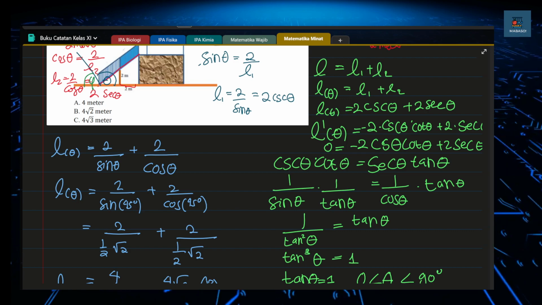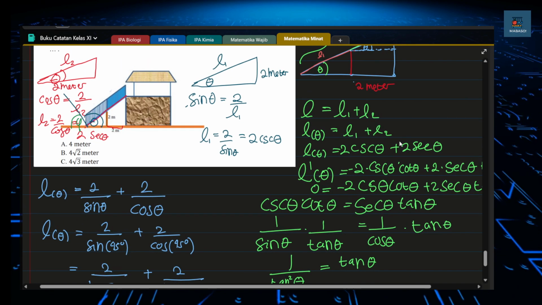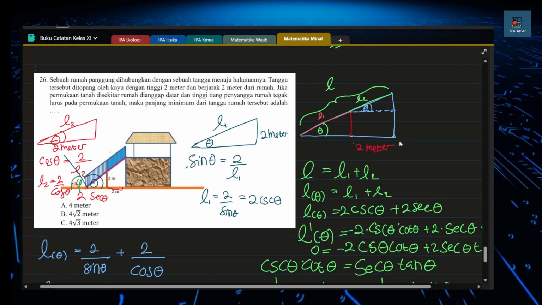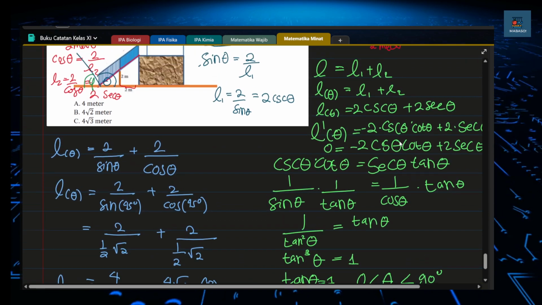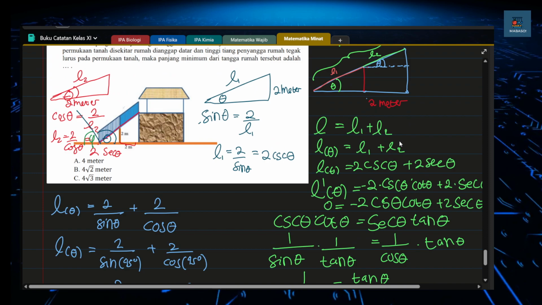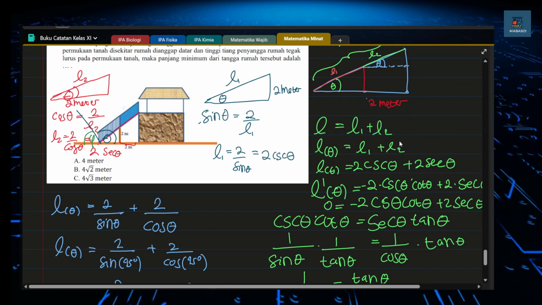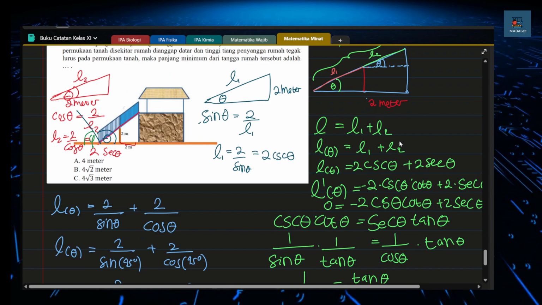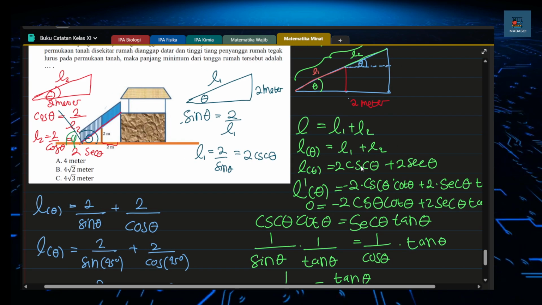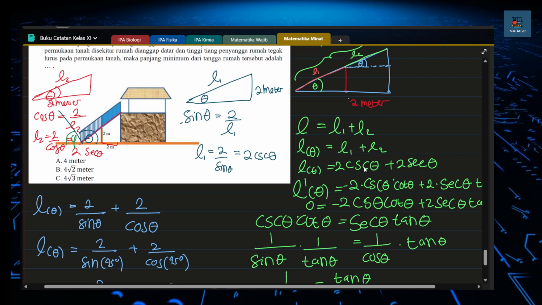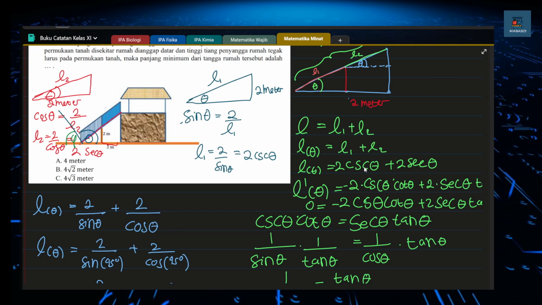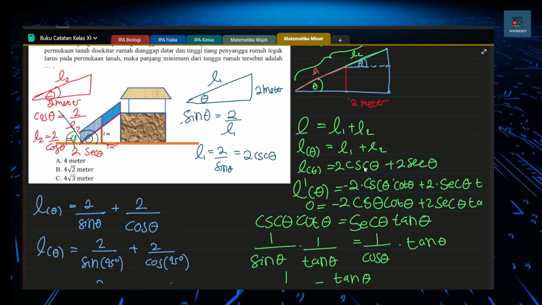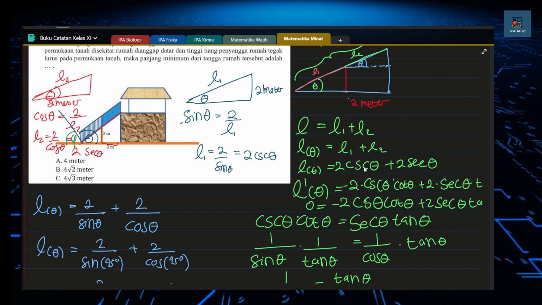I think that's all for this question. I know this question is kind of hard, since it involves a lot of concepts and rules. For example, for cosecant of theta, you might not remember what its derivative is, since we're not using it a lot.